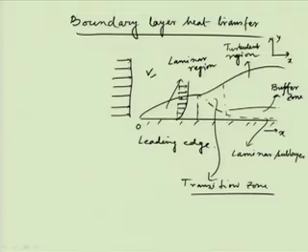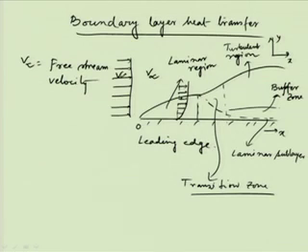After that, there is no variation in the velocity, and the velocity in this region where there is no variation, we will call V infinity, the free stream velocity. Already we have discussed free stream several times, and this velocity is also a free stream velocity.